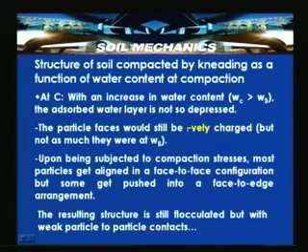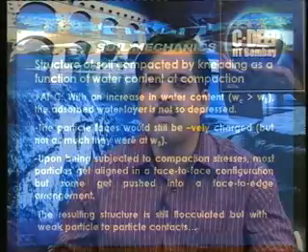The particle surfaces would still be negatively charged, but not as much as they were at Wb. The negative charge is decreasing because of the abundant availability of water, since the water content at point C is more than the water content at B.